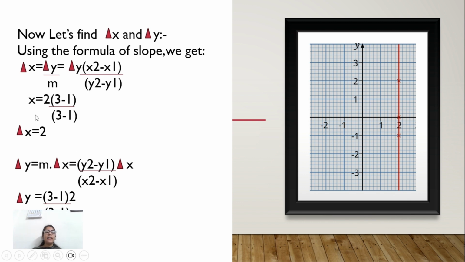After putting the values, we will find that del x is equal to 2. Now, as we have found del x, we will find the value of del y, which is equal to m into del x, using the same formula of slope: (y2 - y1) upon (x2 - x1) into del x. Putting the values, again we will get that the value of del y is equal to 2.